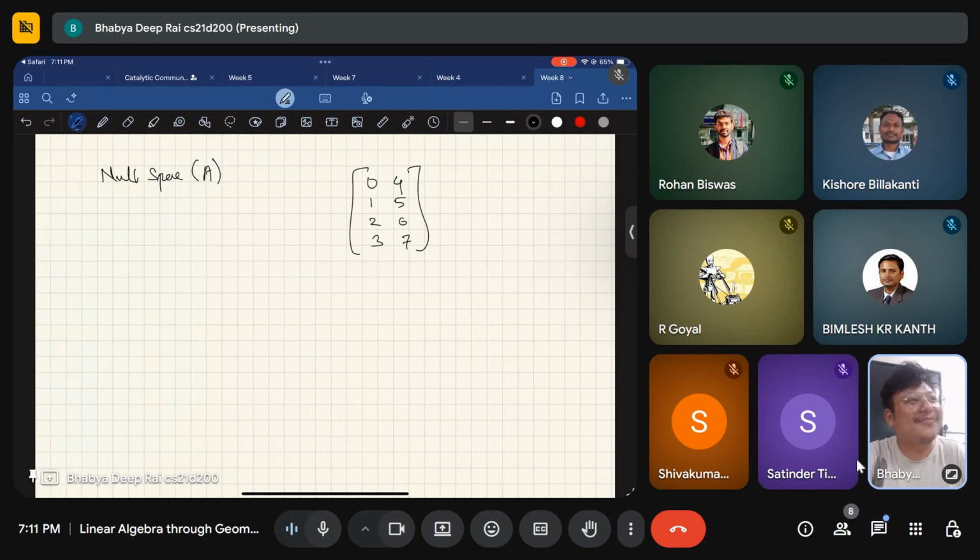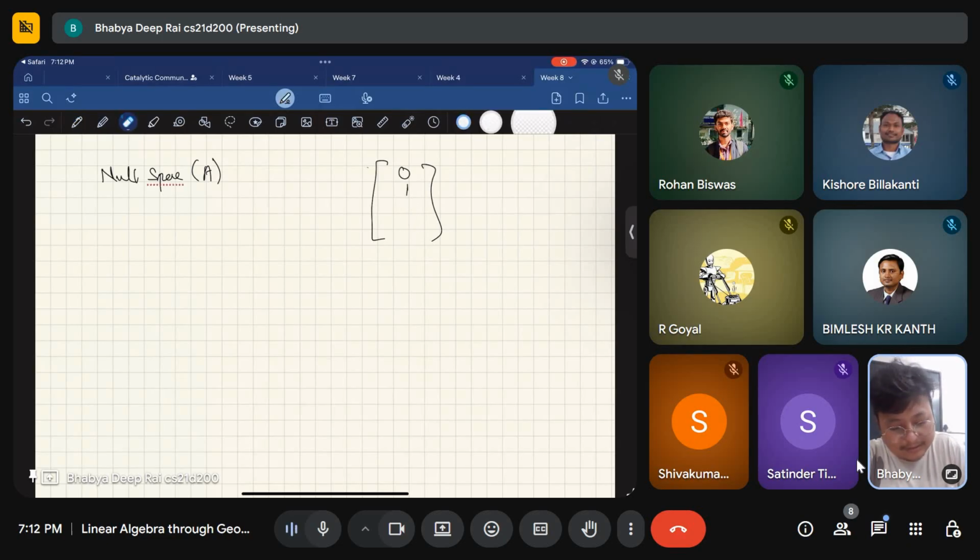Or rather, I'll give a very simple one. The matrix itself is 0, 1, 0. Okay, this is the matrix.